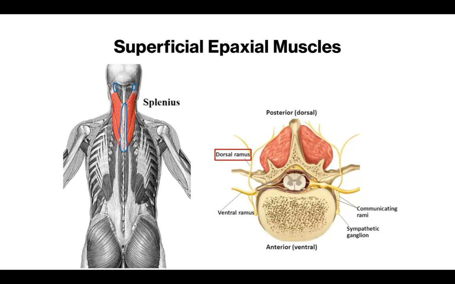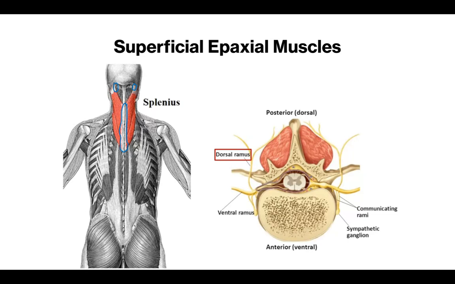Now, for the insertion, the transverse processes of C1 and C4. Remember the transverse processes are going to be those lateral extensions, and we're talking about on the cervical vertebrae. So they're kind of hidden up here along the neck.